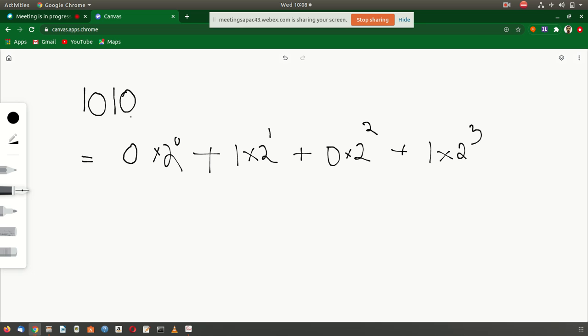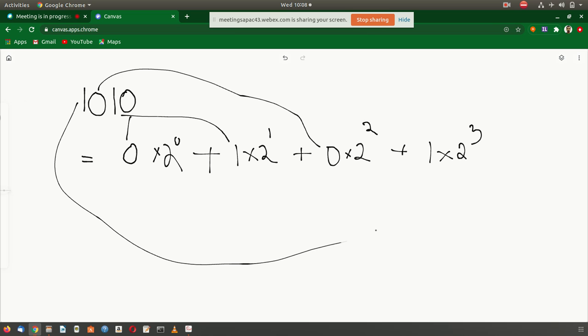So this 0 is here, this 1 is here, this 0 is here and this 1 is here. So what will this become?